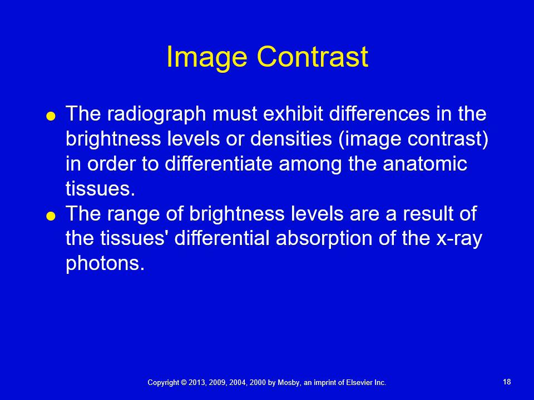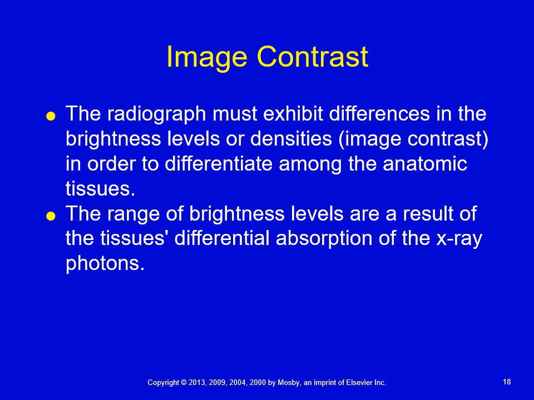If more is passing through, that's going to create the darker, blacker shades. If more is being absorbed, that's going to create your lighter, brighter, whiter shades. So things like tissue thickness, density, and atomic number, which we talked about earlier, are all going to affect how radiation is absorbed, and will thus play a huge part in this contrast on the image.